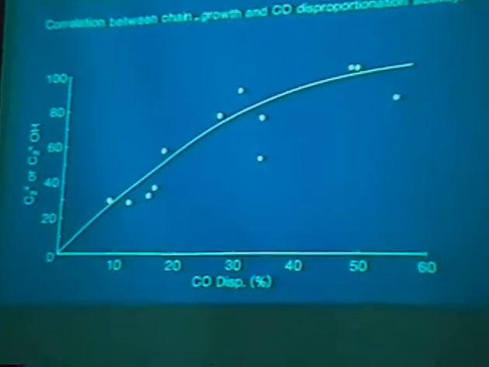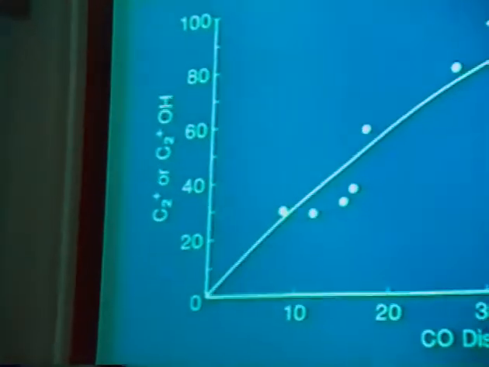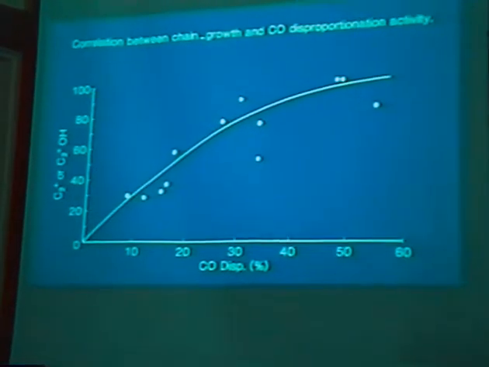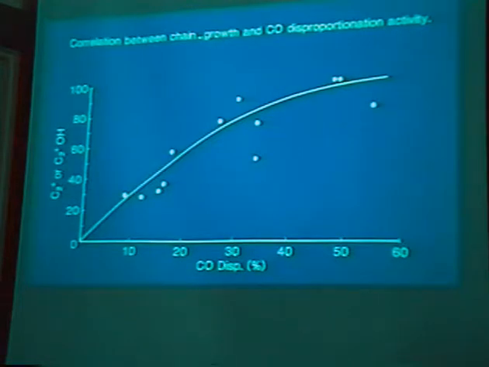You can see on this plot that indeed we got a good fit of the C2 plus hydrocarbon or C2 plus OH selectivity in carbon molar percent versus the CO disproportionation activity for all different catalysts, either alcohol synthesis catalysts, which are situated here, or hydrocarbon synthesis catalysts, which are here. Okay, only one point does not really fit on the curve. It's non-promoted cobalt silica catalyst with a very high cobalt content, up to 50% cobalt.